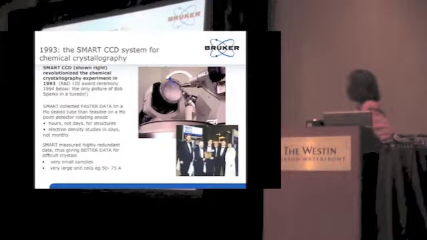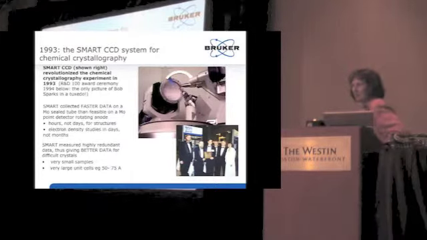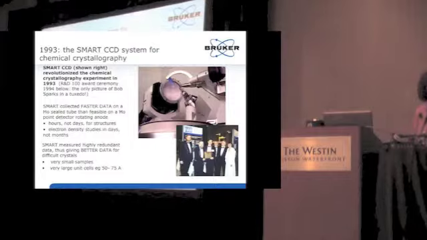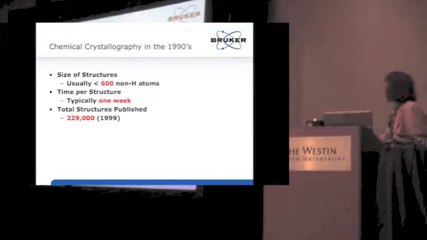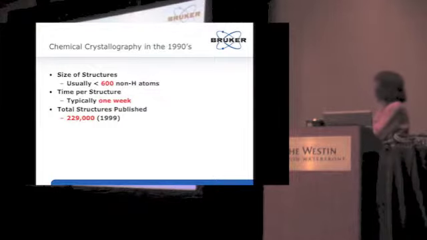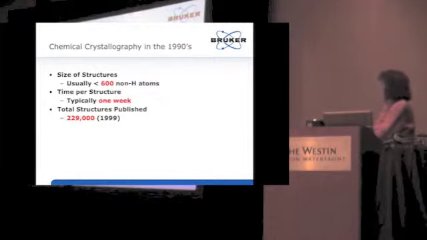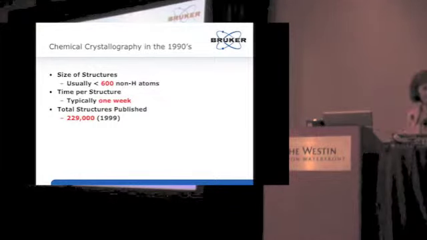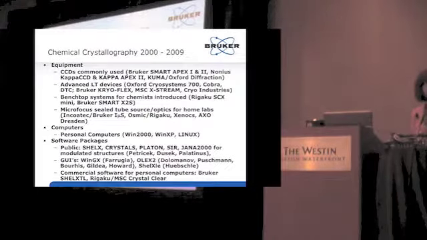And the reason I put in this R&D 100 award photo, which was received for SMART, this is the only time you'll ever see Bob Sparks or Jim Fay or Charles Campana in a tuxedo. In the 90s, up to 600 non-hydrogen atoms a week or less per structure, and an astonishing 229,000 structures in the database.